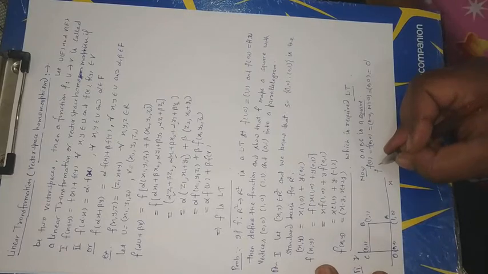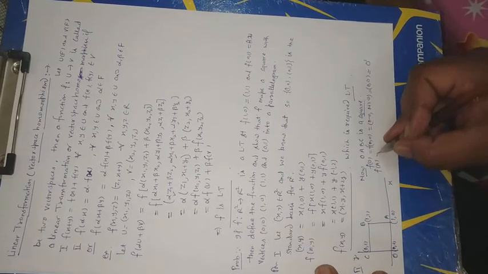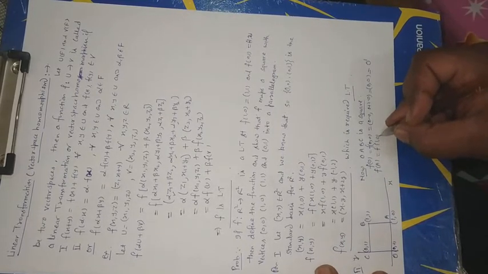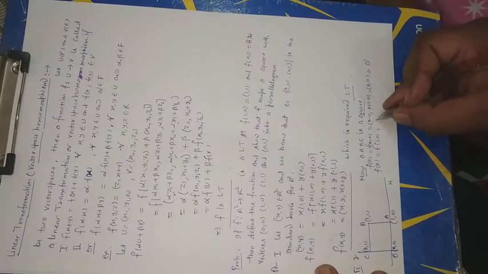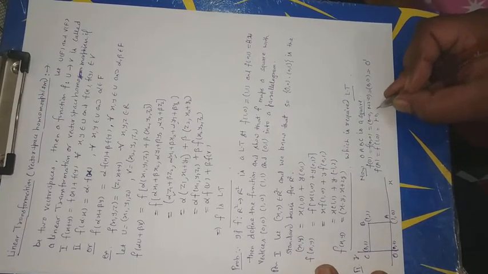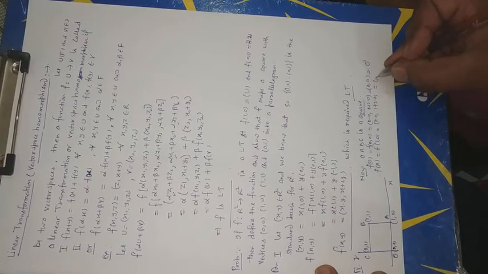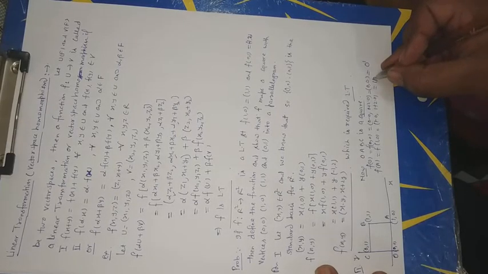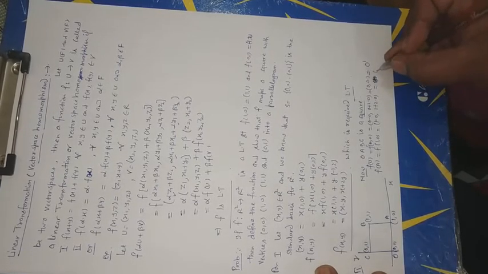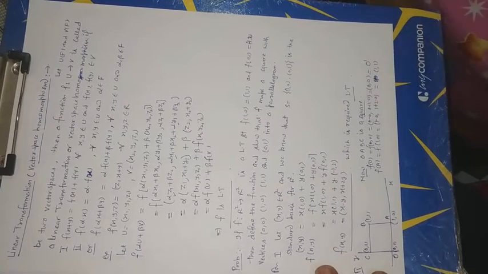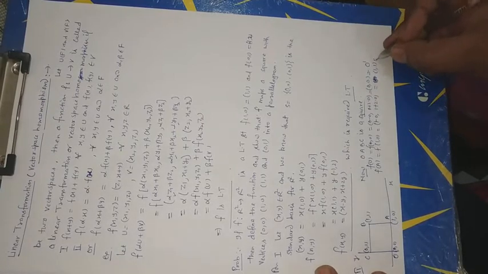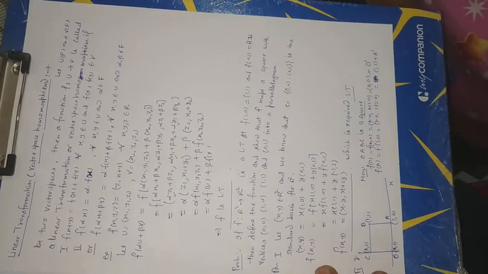Similarly, f(A) equals f(1, 0), equal to (1 minus 0, 1 plus 2 times 0), which is (1, 1), can be written as A dash.